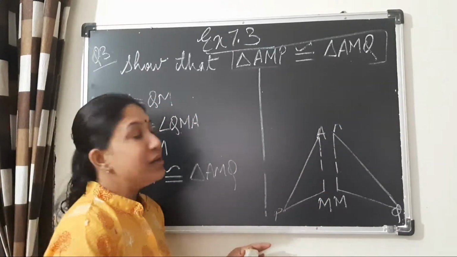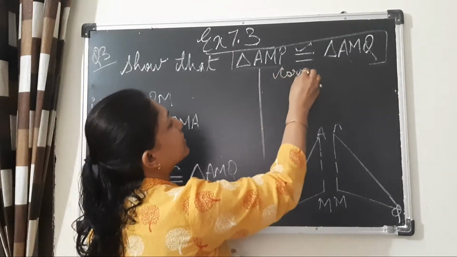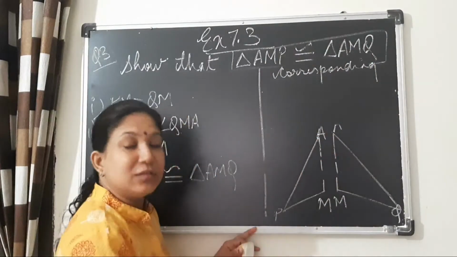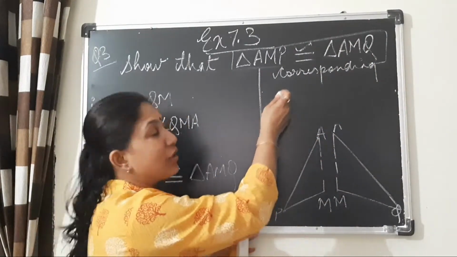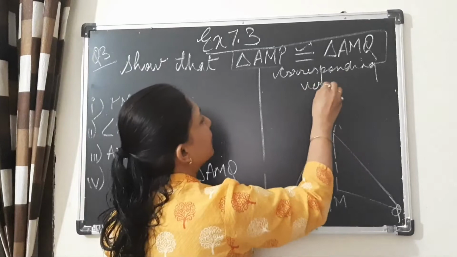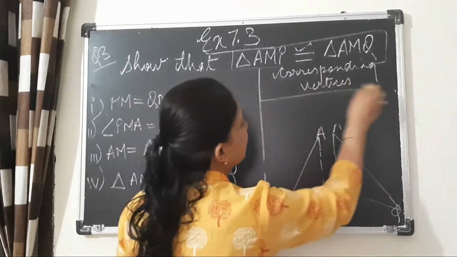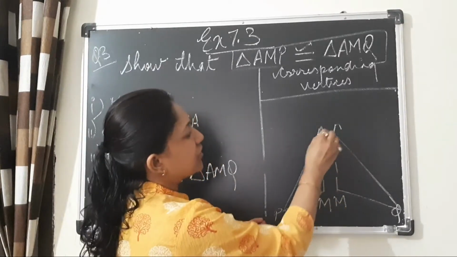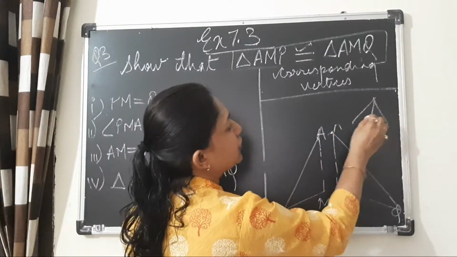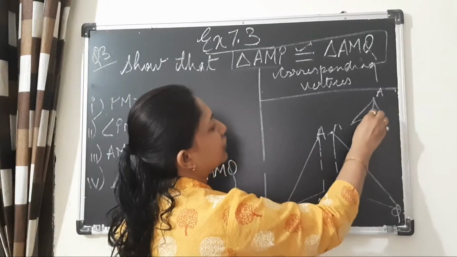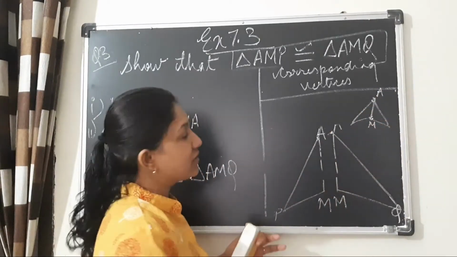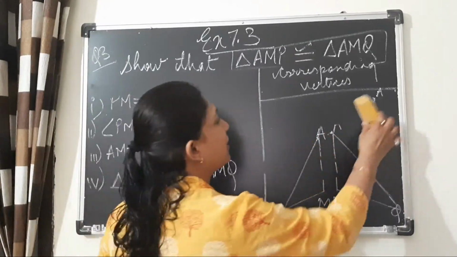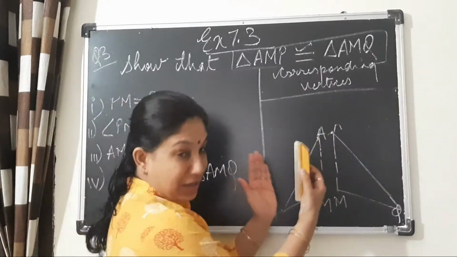Now, I told you that if you match the vertices, it becomes very easy to solve the question. So you can write down matching vertices or corresponding vertices. Let us match. See this AM. In the given figure, the points A and M are the same for both triangles, because the two are joined.